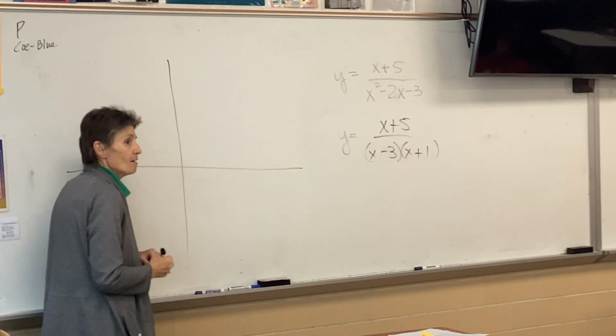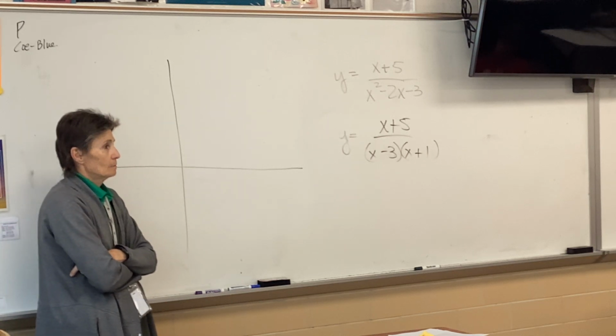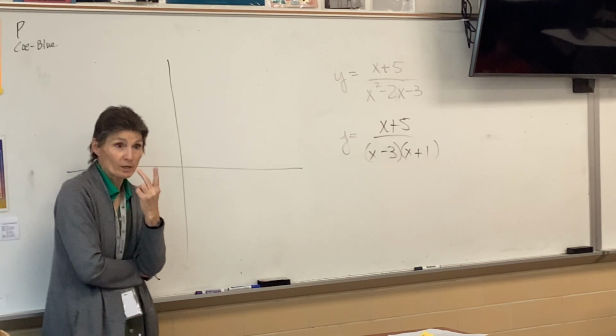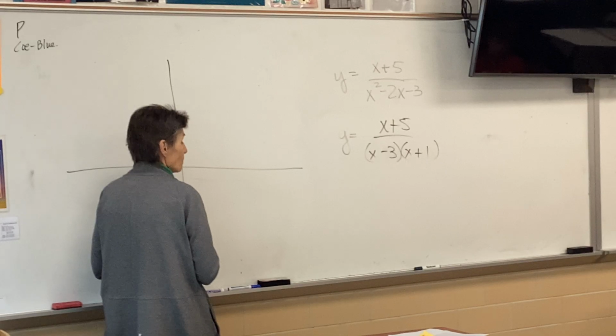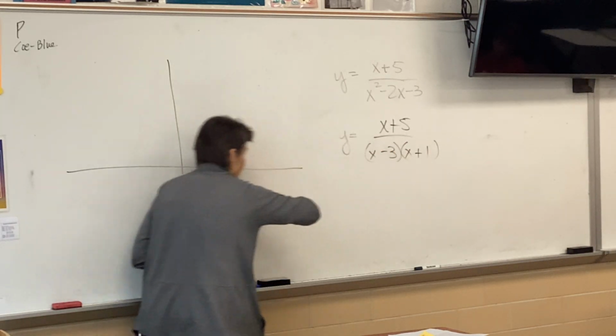Do I have any asymptotes? In fact, I have two of them. I have two verticals. My vertical asymptotes come from my denominator.